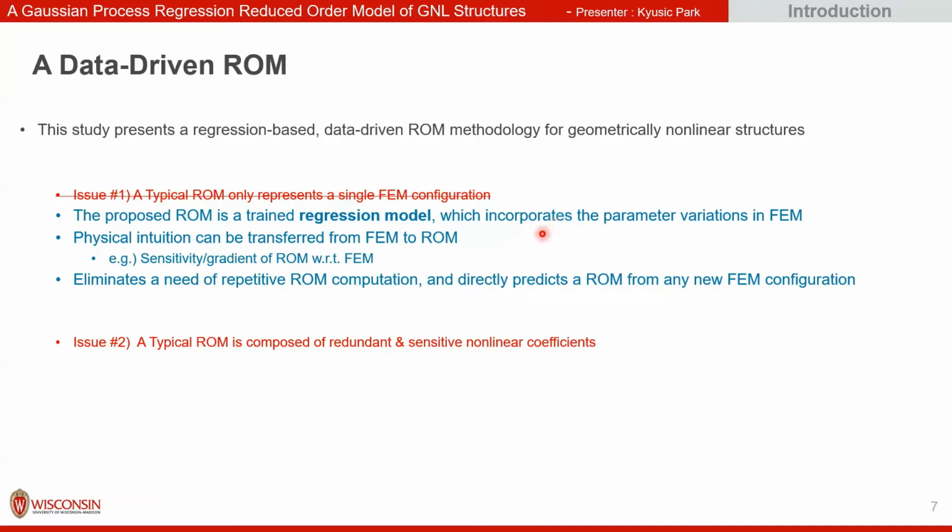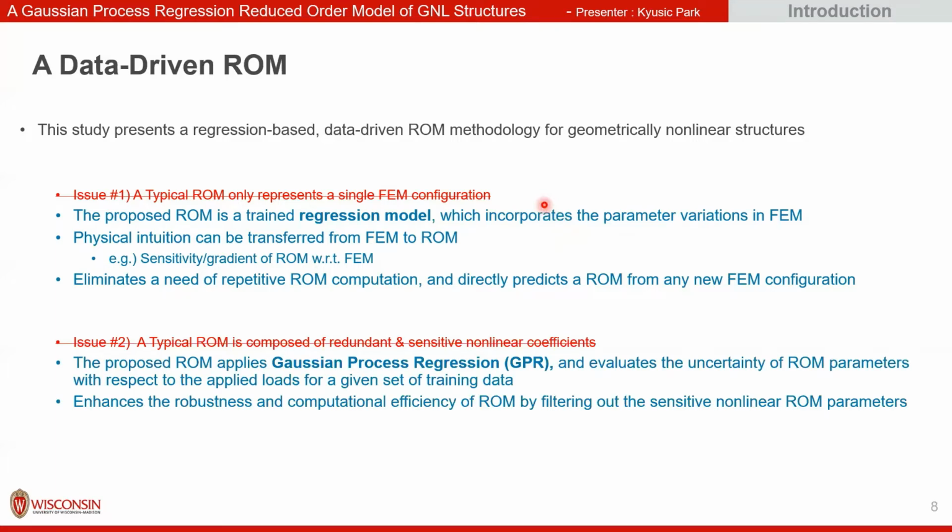This implies that the physical intuition that FEM entails can be transferred to and embedded in the ROM. So this will eliminate a need of repetitive ROM computation, because once the regression ROM is trained offline, one can directly predict a ROM from any new FEM configuration within the range of the training data set.